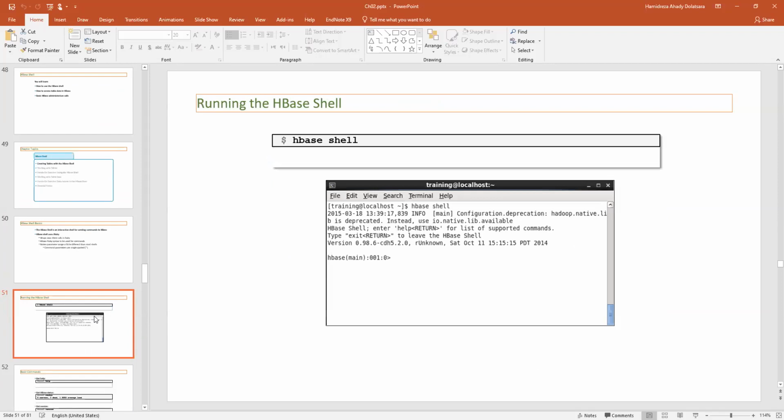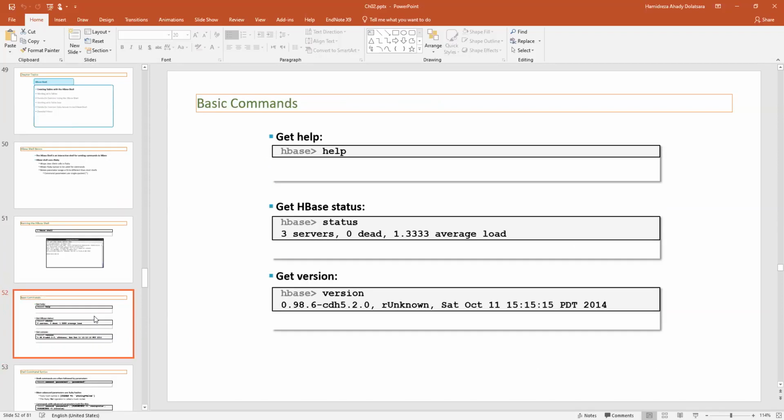HBase shell. Here I put some sample HBase shell code. Basically, you see a sample of the get command, where you identify the key of the row and you get your data.